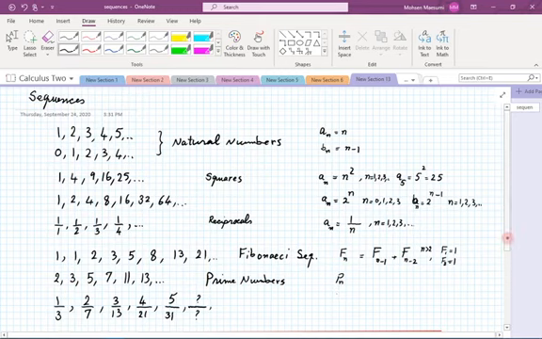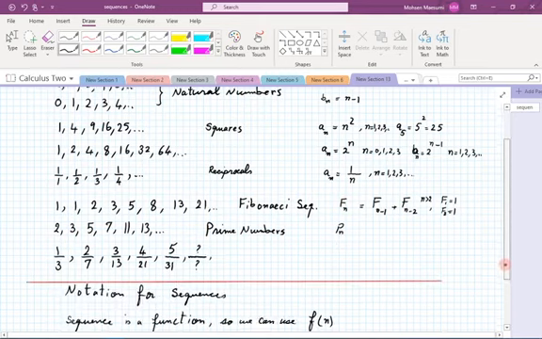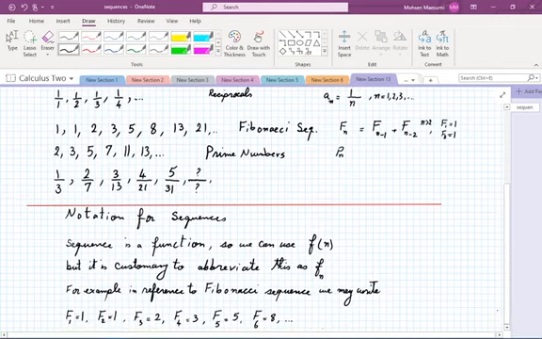Okay, let's go and say a few more words about the notation that we had here. First of all, a sequence is really a function. It's just a function whose input is the set of natural numbers. So a sequence is a function, and we could write it as f with the parentheses in, but the convention is to simplify this thing, get rid of the parentheses and move the n down here as a subscript and write it as f sub n.